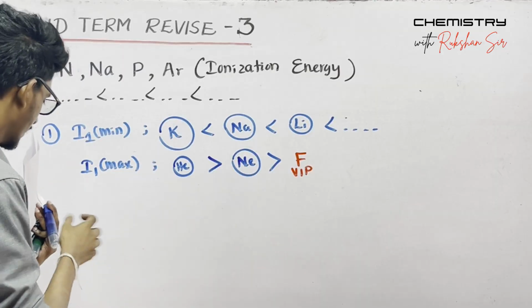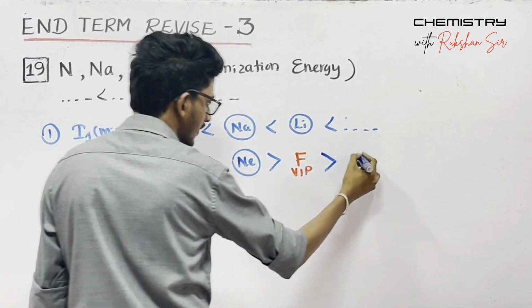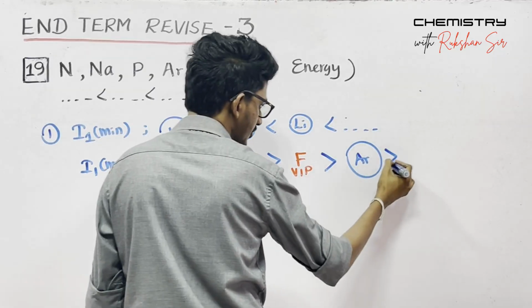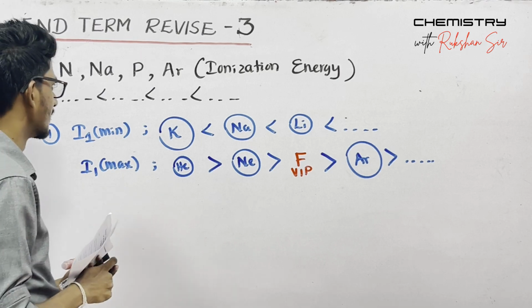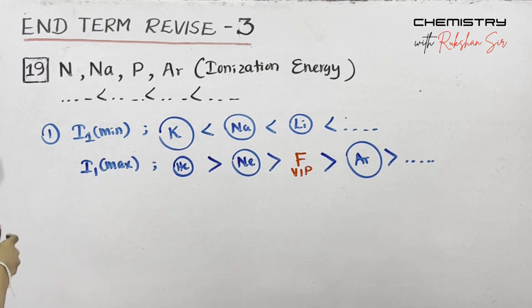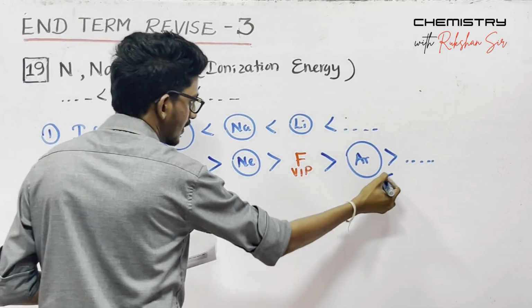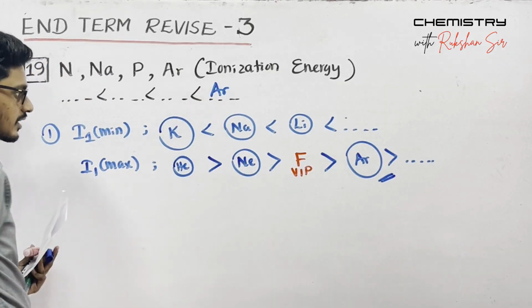Even though it is not a noble gas, it appears. It's a VIP situation, and argon. So these are the first four with the greatest first ionization. Out of these, you are supposed to come up with some values first of all. So argon is coming up with the greatest, so argon should be the one with the greatest first ionization.